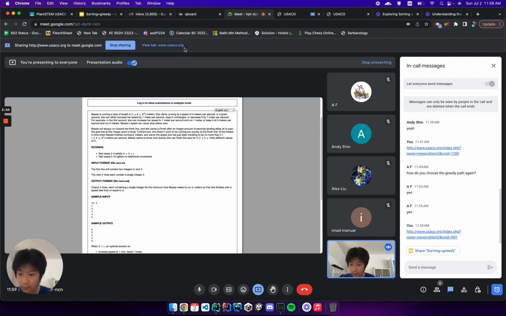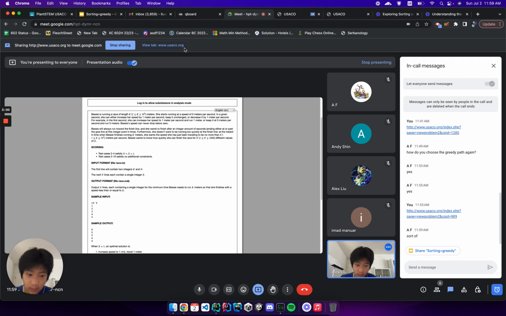Basically, Bessie wants to run at least k meters. Okay, so basically, Bessie starts off at a speed of 1. And at each time frame, she can either increase her speed by 1, decrease her speed by 1, or stay the same.